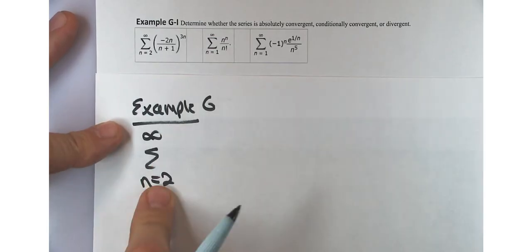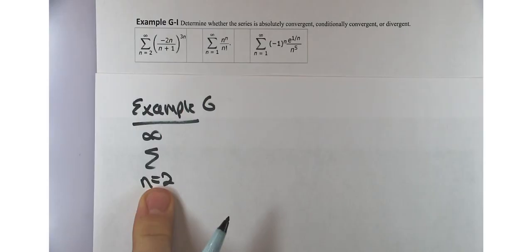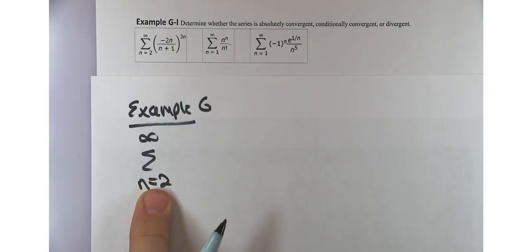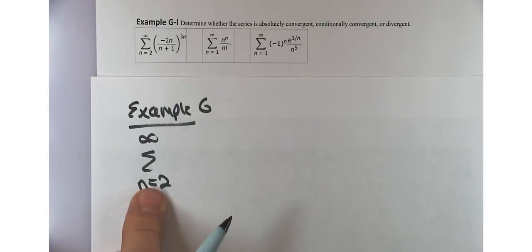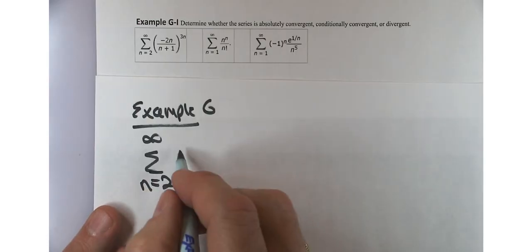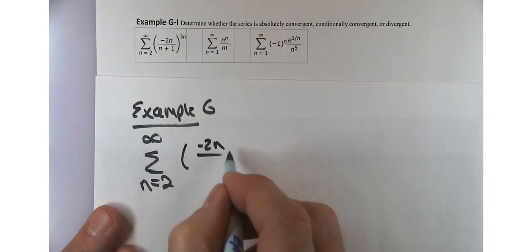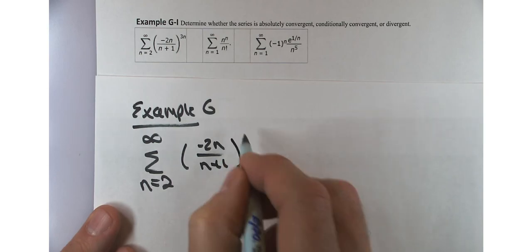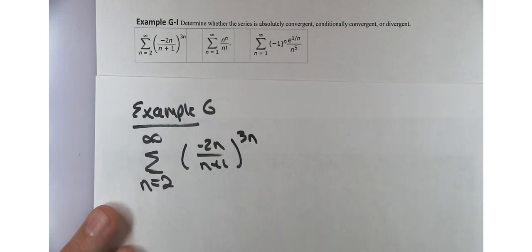By the way, where you start really doesn't matter, because no matter where you start, it's a finite number of terms that you could be adding in or leaving off. So where you start really doesn't matter as long as this expression in the summand is defined. We've got negative 2n over n plus 1 raised to the 3n, like that.